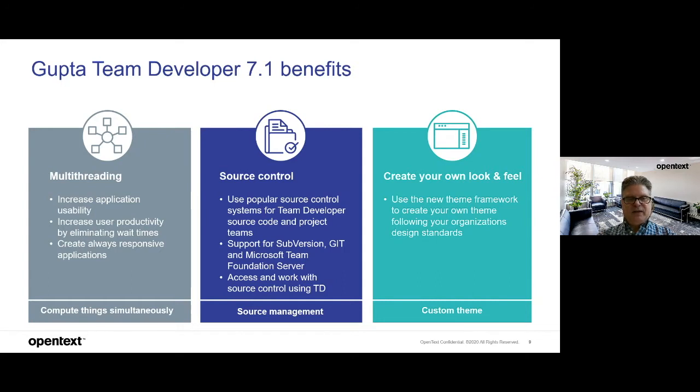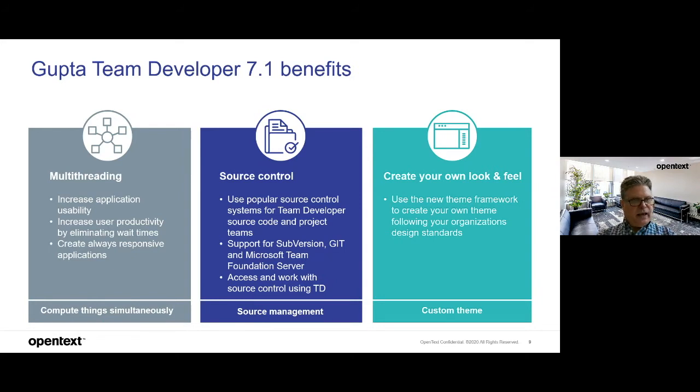So basically avoid the hourglass that comes up when you're either accessing the database or you're doing long-running computations or preparing data for a report, something like that. And you can put these actions into one or multiple threads, and you can create always responsive applications. So compute things simultaneously, parallel computing, so to speak, for Team Developer.